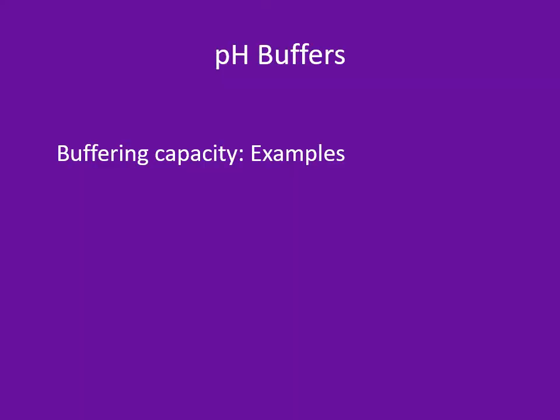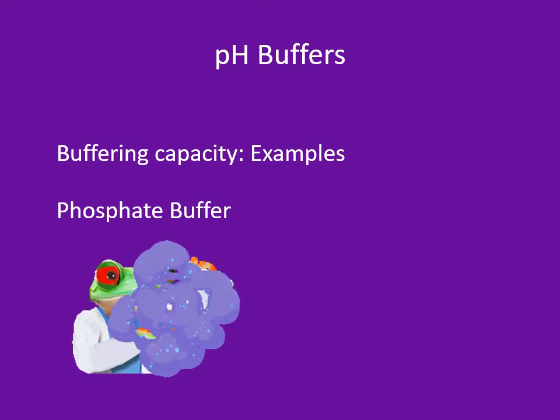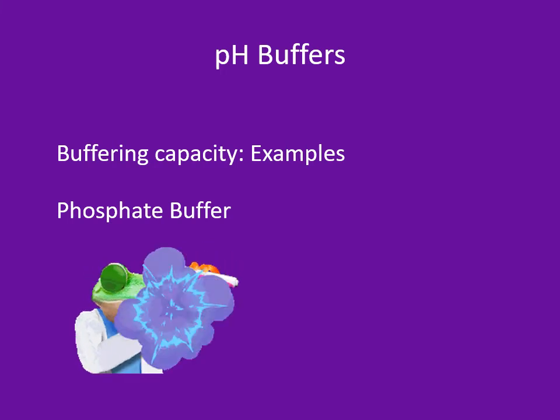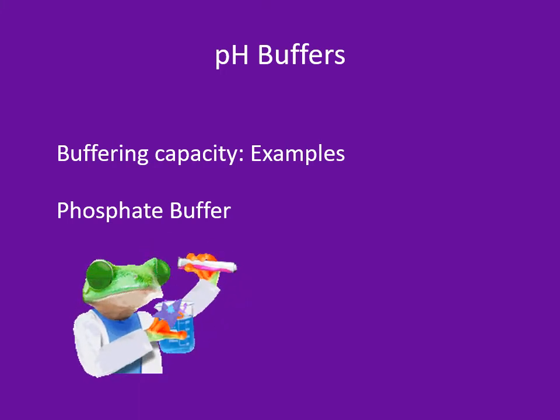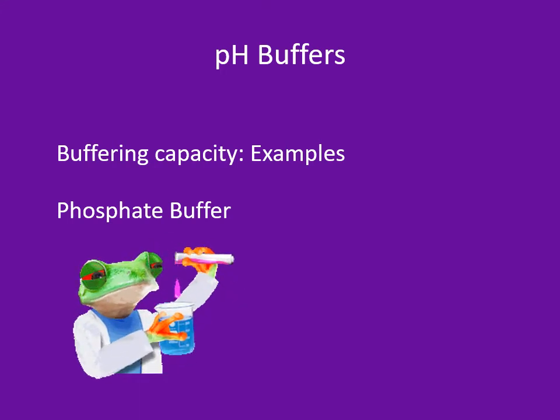It is easy to understand buffering capacity with some examples. Have you ever worked in a lab? As a student in a lab, I was always asked to prepare buffers. To do so, I have to, at some point, adjust the pH of the buffer. If the buffer has a low buffering capacity, like for example a phosphate buffer, adding just a drop of an acid or a base, depending on what is needed, will be enough to adjust pH.